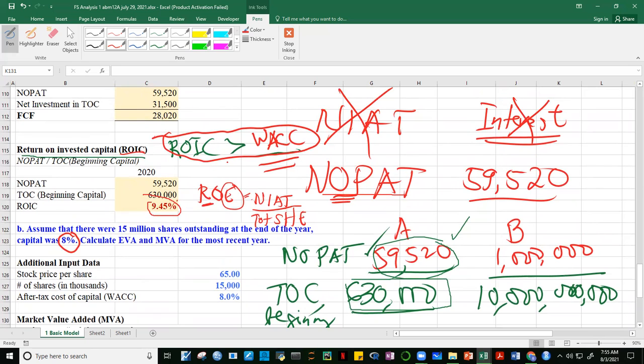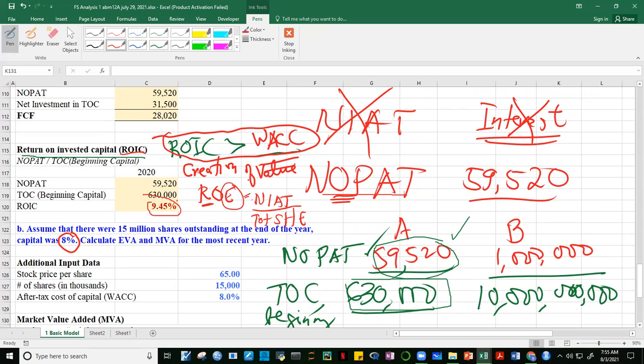For as long as the ROIC, return on invested capital, is greater than your weighted average cost of capital, then we're okay. Ibig sabihin, value was created. So there was creation of value. Creation of value or value creation. Okay. Now, if the ROIC is less than your WACC, then value was destroyed. Okay, for that specific operating period, for that specific year.